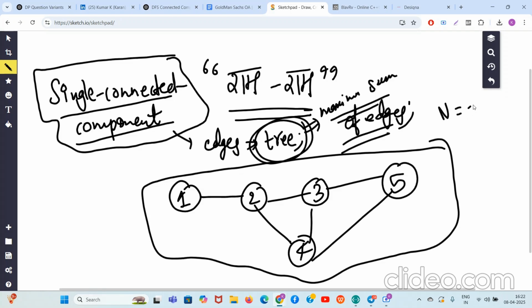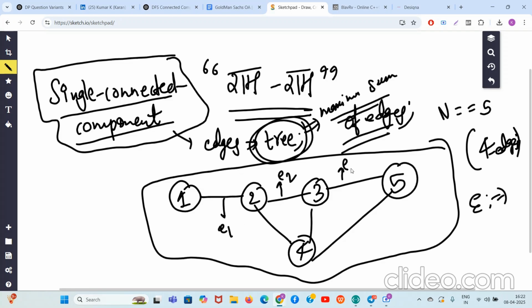There are five nodes here, and the number of edges, how many? You want only four edges to make it a tree, but currently how many edges are there? One edge, second, third, fourth, fifth, sixth edge. So one, two, three, four, five, six. There are six edges. Okay.